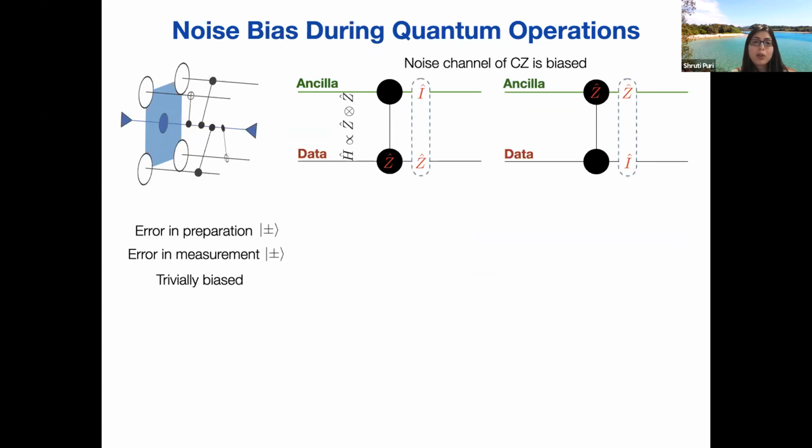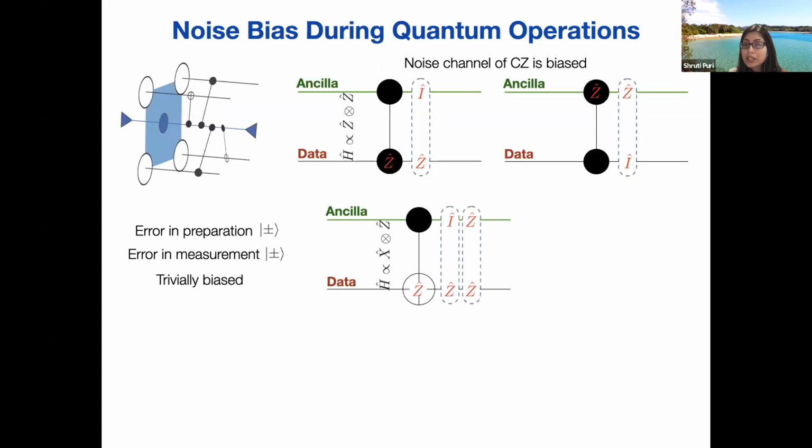Now let's look at what are the other operations that this circuit is using. The circuit is using preparations and measurements, and these are also trivially biased. Now, the last thing that the circuit is using is a C-NOT gate. When you try to do a C-NOT gate between the data and the ancilla, you would try to engineer an interaction Hamiltonian, which looks like this for X tensor Z. So now if there is a Z error on the data qubit during the gate, then that Z error propagates actually as a linear combination of Z errors and Y errors on the data qubit.